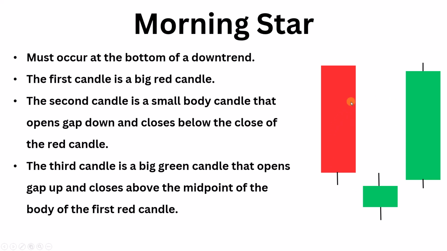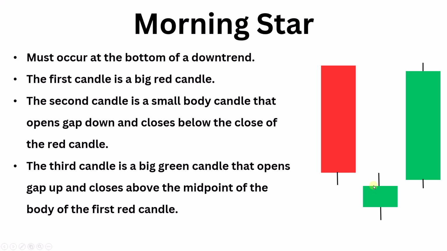Now in this pattern, the first candle must be a big red candle, meaning the sellers or the bears must be in control of the price. So here it is a red candle and a big candle, meaning the bears or sellers are in control of the price here.